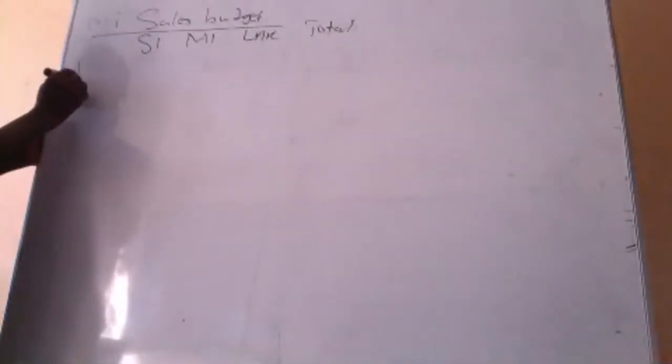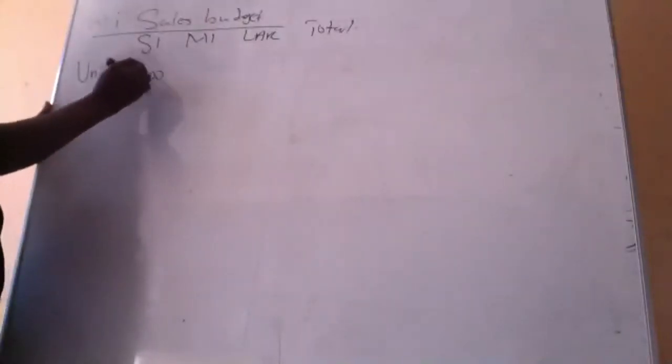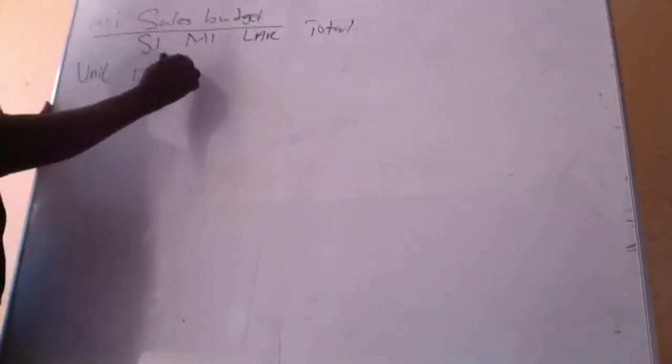We started with the units. What was the unit? SI, what are the sales? SI 1,200, 2,200. Then MI 2,400.